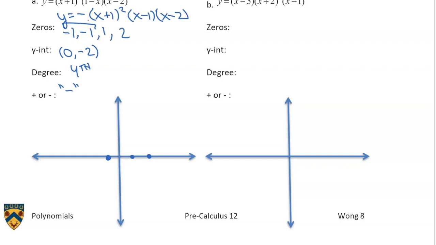We'll go into a little more detail for this, but when you have a multiplicity of 2, that produces what we call a bounce. It's not going to go through the x-axis, but it's going to reflect back down and stay below the x-axis. So as we join here and go to negative 1, it hits and then comes back, and then it goes back up here and then down here.